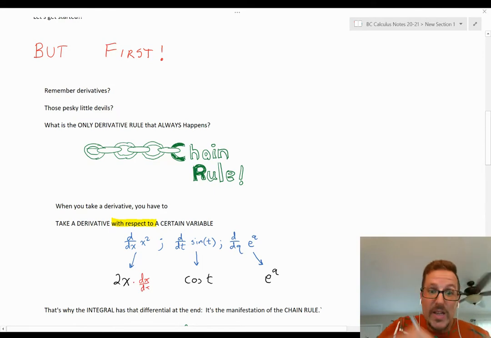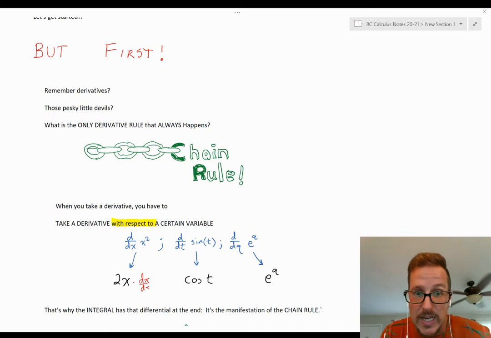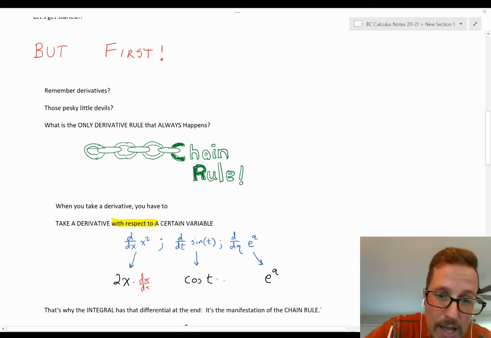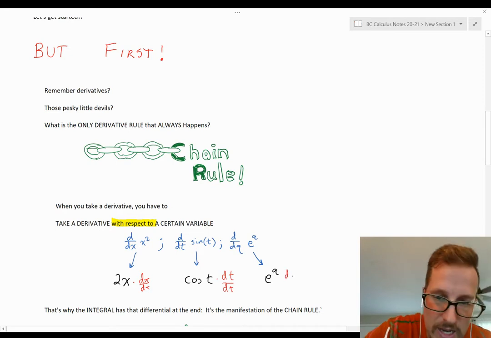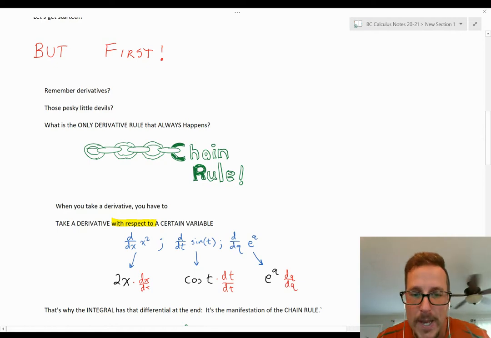The derivative of sine t is cosine t, but we have to multiply by the derivative of the inside critter, t with respect to t. So we'd have this dt, and then this last one, we'd say dq with respect to q. And that always turned out to be 1.